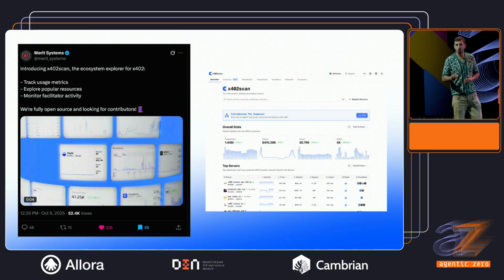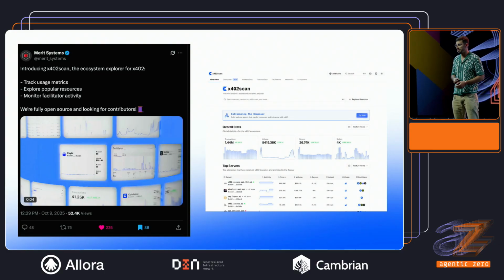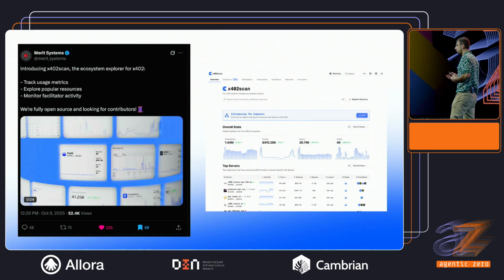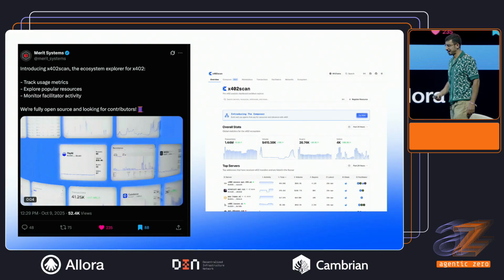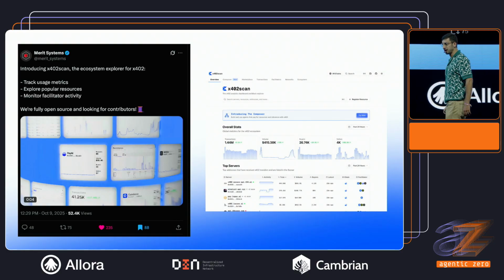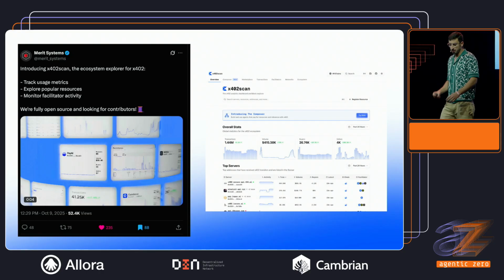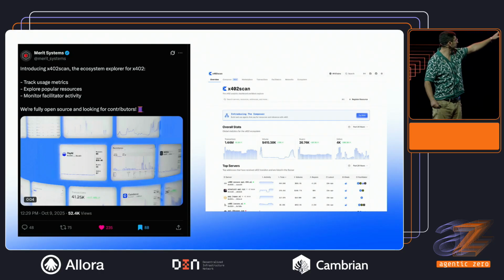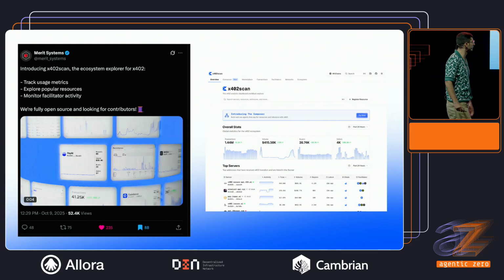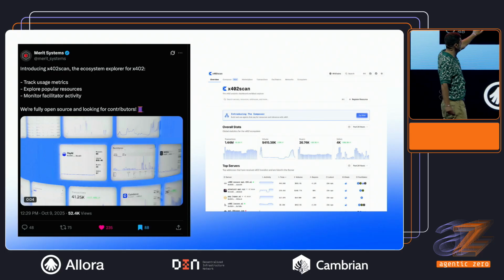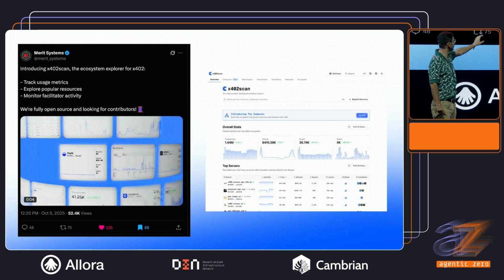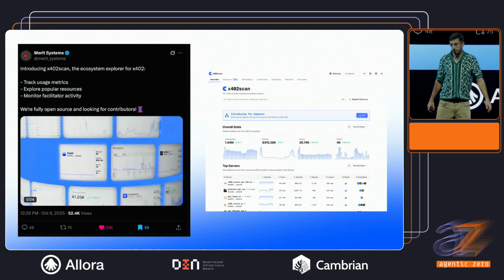So we list all x402 transactions, we list all resources, servers that expose x402, all the facilitators in x402, we show those as well. So on the left side here, you can see how the scan looks like. You know, you have some overall statistics, all the top servers, and a bunch of other cool things.